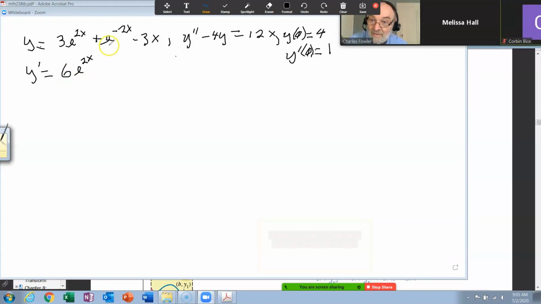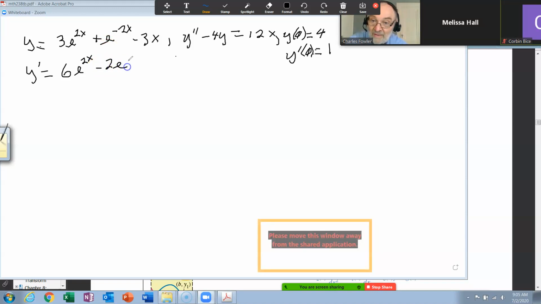Take the derivative of this one, you're going to get a minus 2 times e to the minus 2x. Right? Derivative of the last term, minus 3. Perfect.